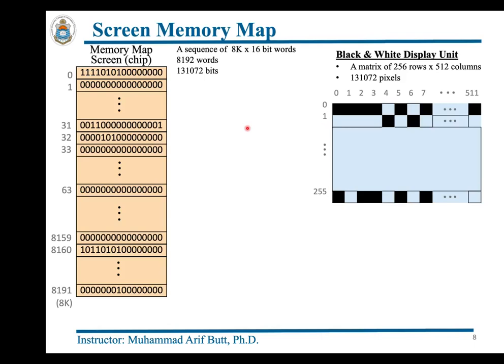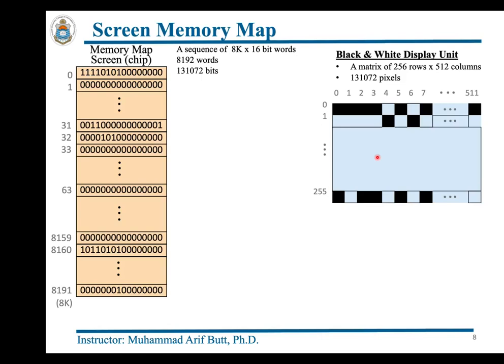So this memory map consists of a sequence of 8K words, 8K words, each word of 16 bits. So a total of 131072 bits. Each bit in this memory map relates to a specific pixel on this screen or display unit.